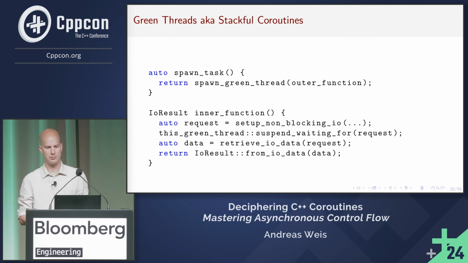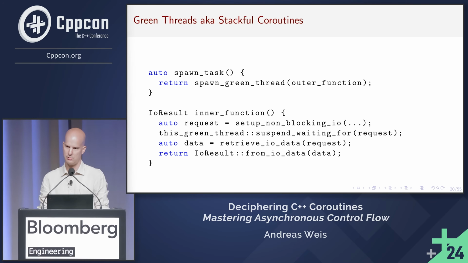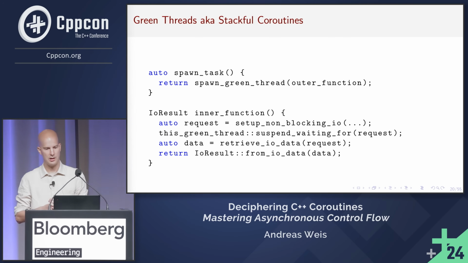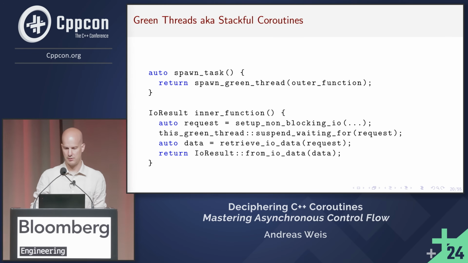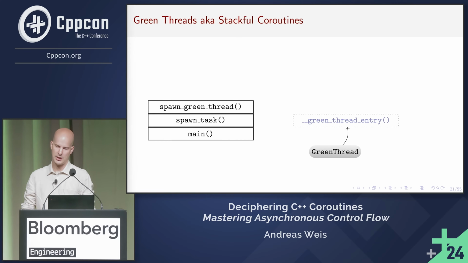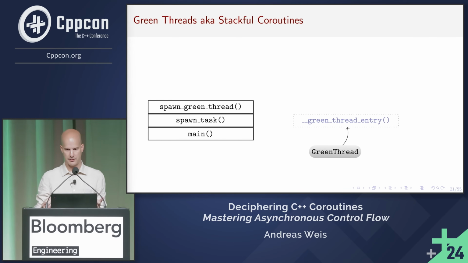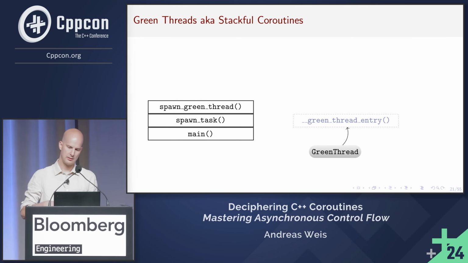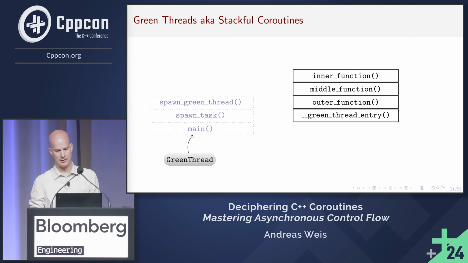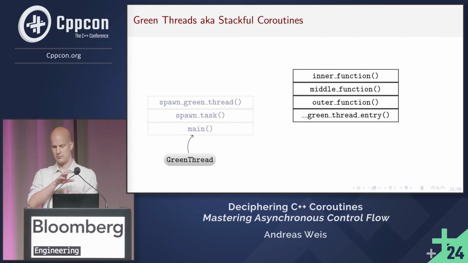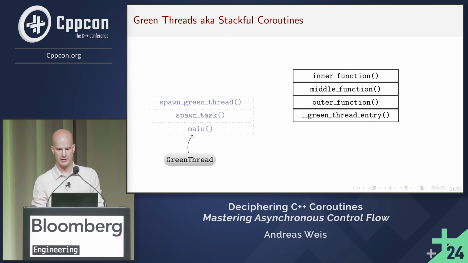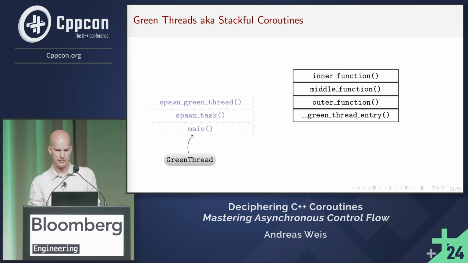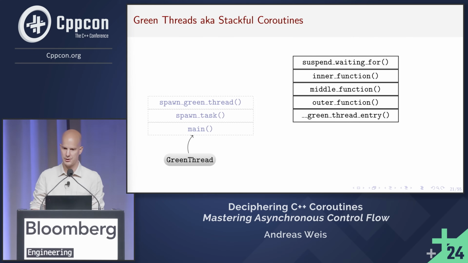And then in the inner function, when we set up our I/O operation in a non-blocking way, we suspend execution, and then we will be woken up later once the result becomes available. And what happens here is that when the green thread is created, it is first suspended, and then the main function that created this thread will switch over execution to the green thread, and then the green thread can start executing up to the blocking operation.